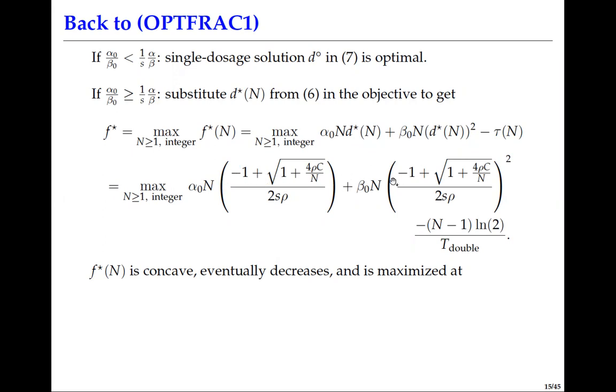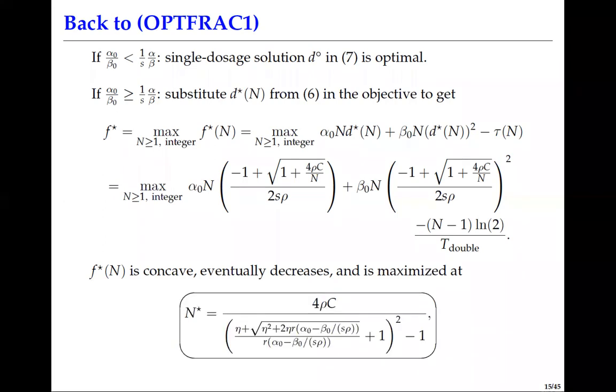So it eventually decreases, meaning it is concave, and it cannot simply keep on increasing forever. It is maximized at this value. Now that it is concave, you can simply take the derivative, equate it to 0, and figure out that it is maximized at this particular value of n star.